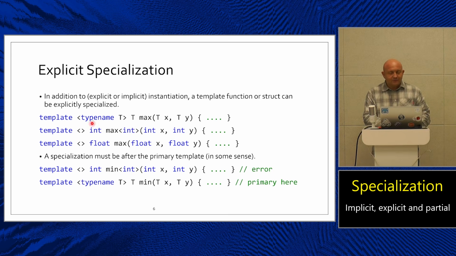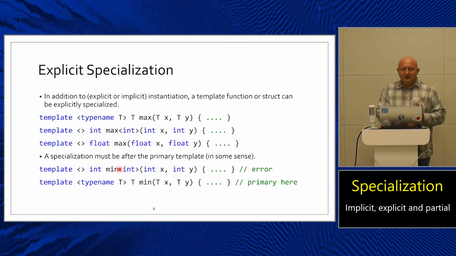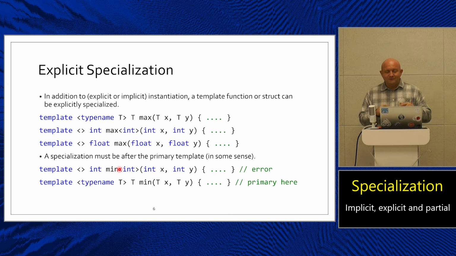And that's why this example is an error, because the specialization comes before the primary template is even seen. For now, just remember the simple rule: primary first, then specialization. We'll dive deeper in future.